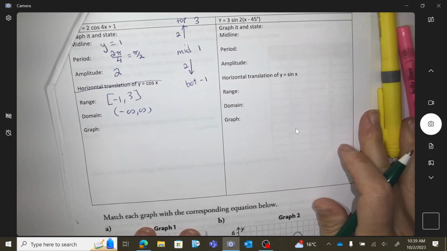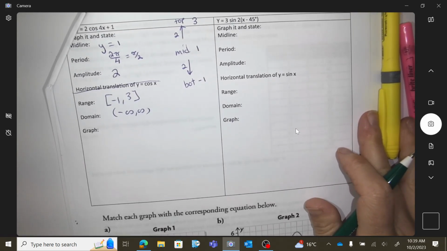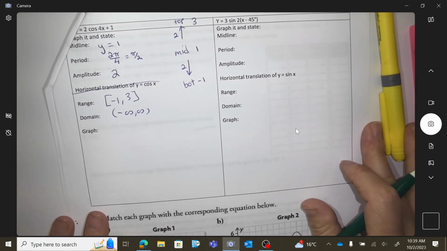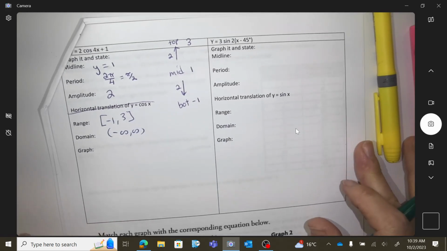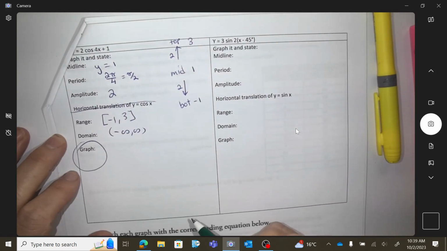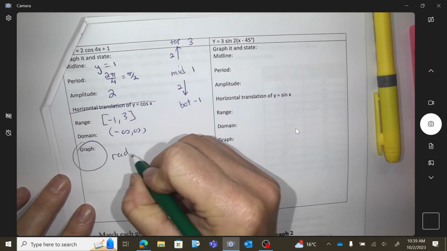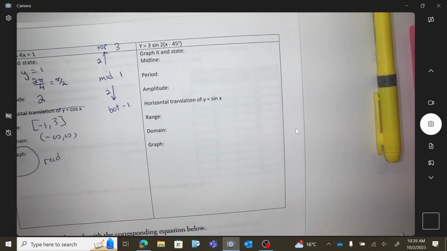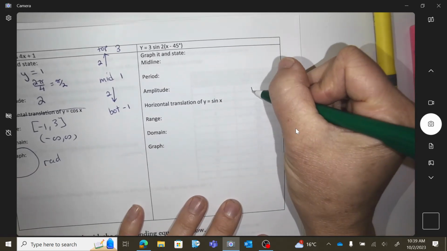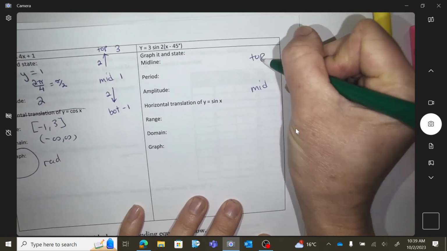Okay, graph, we're not going to do that because you could just plop that into your calculator. What mode would you put this one in when you graph it? Radians.